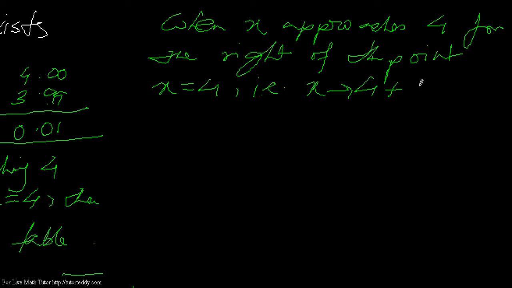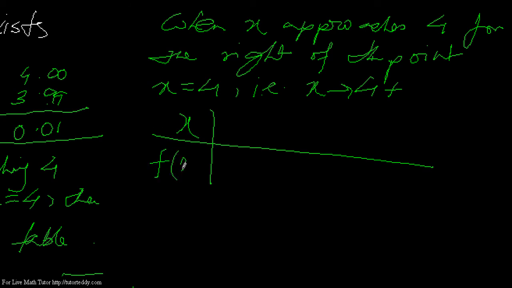If we put that similar table, x and f(x) table, with x approaching 4 from the right hand side, that means I have values like 4.1, then 4.01, then 4.001. This way it can continue.